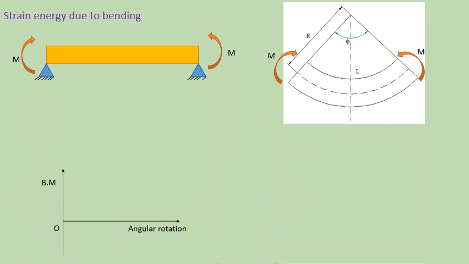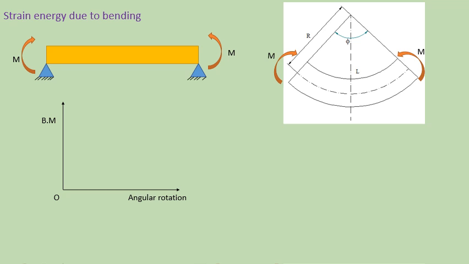So next one, strain energy due to bending. To derive the equation for strain energy due to bending, consider a simply supported beam of length L and uniform cross-section area subjected to gradually increasing bending moment. As the bending moment increases, angular rotation and curvature in the beam also increase, as we can see in the second diagram.